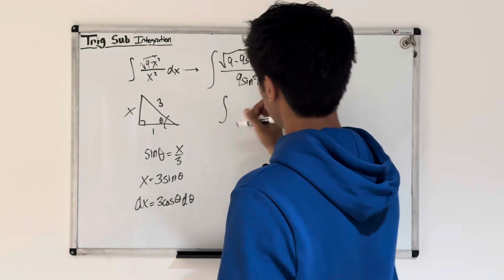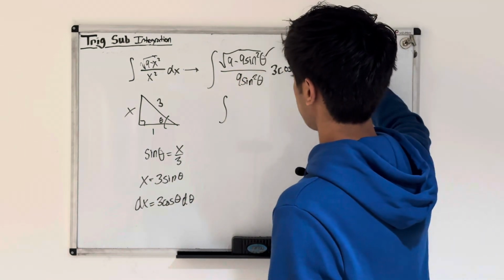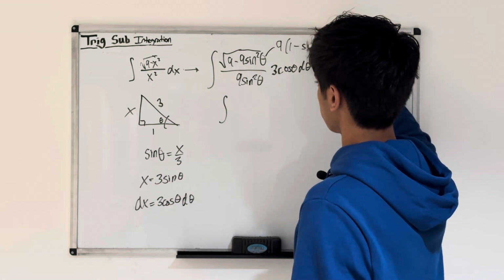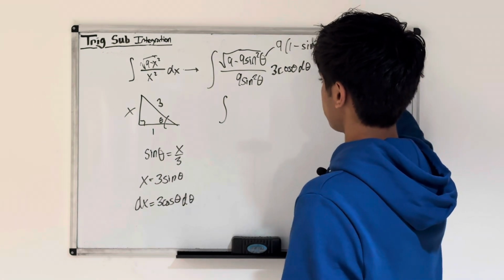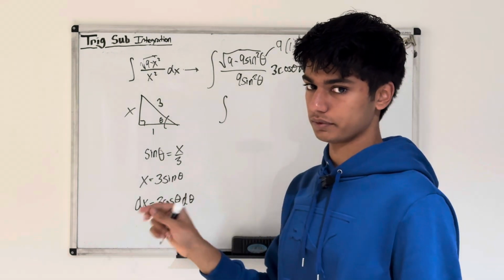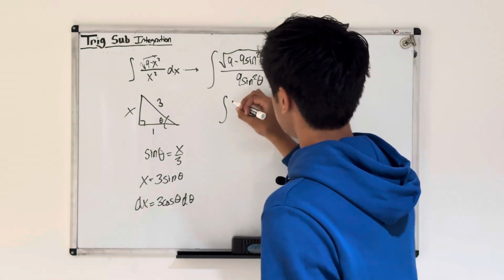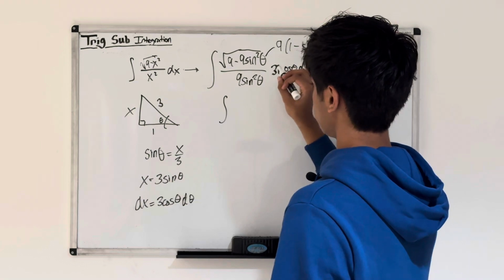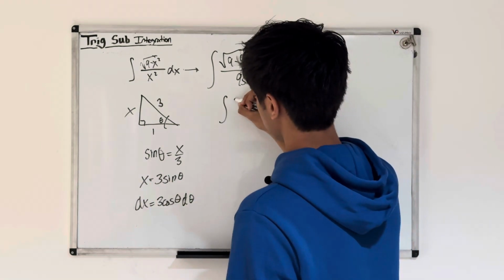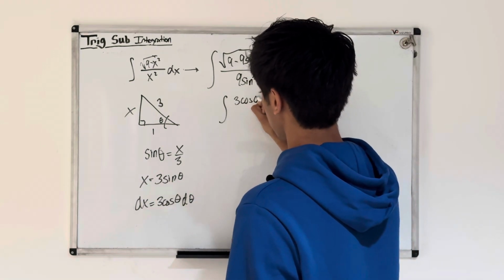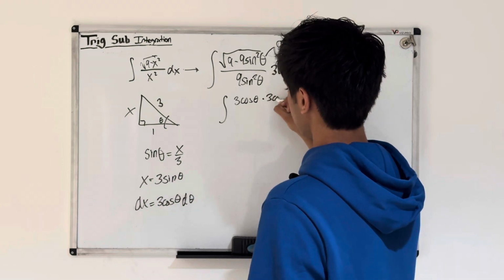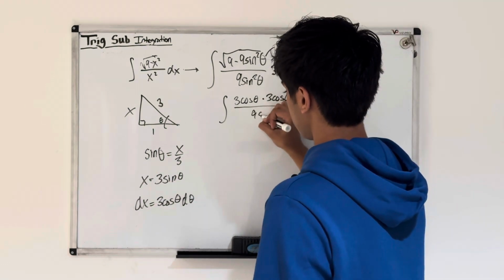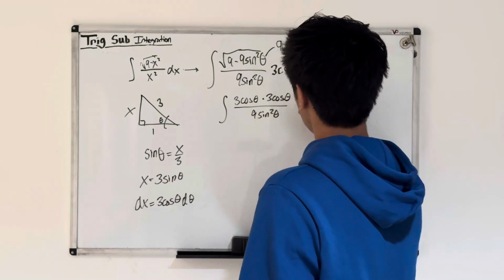Okay, so we integrate. First thing here, we can see that this is the same thing as 9 times 1 minus sine squared theta, which if we know our Pythagorean identity, sine squared plus cosine squared equals 1, is just the square root of 9 cosine squared theta, which is equal to 3 cosine theta on the top times 3 cosine theta, derived from this expression, over 9 sine squared theta d theta.